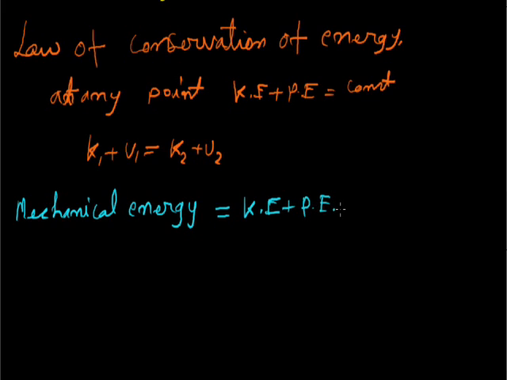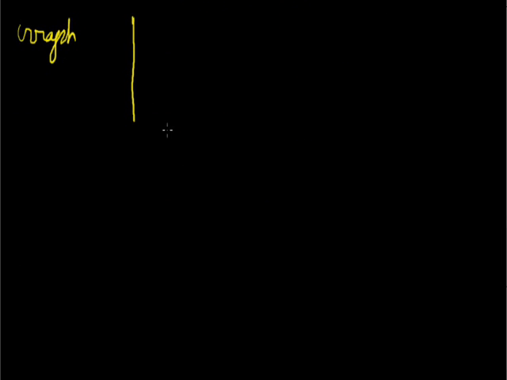And when we draw a diagram between the position and the kinetic energy, potential energy, this will be your graph between the position and different types of energies.